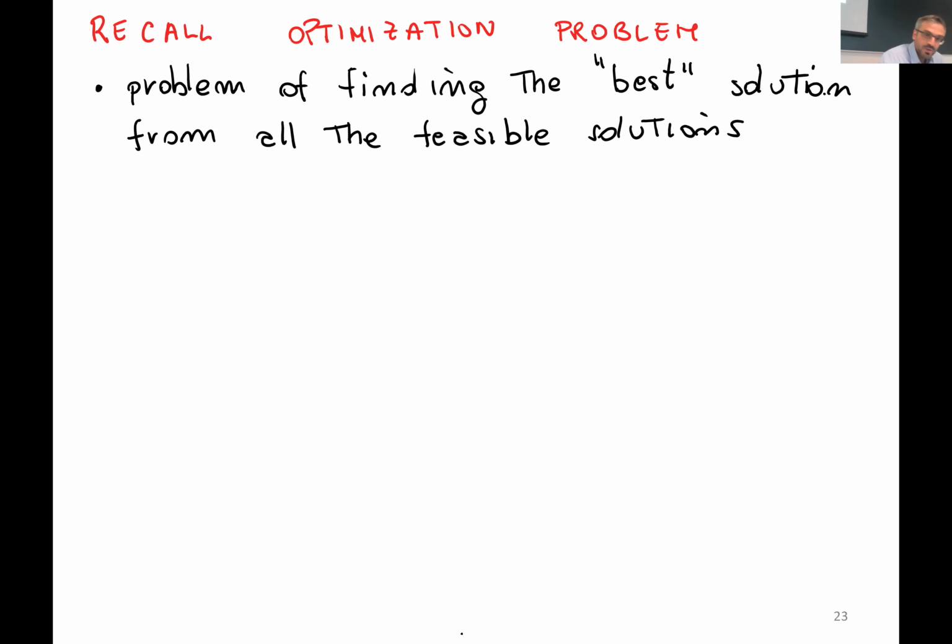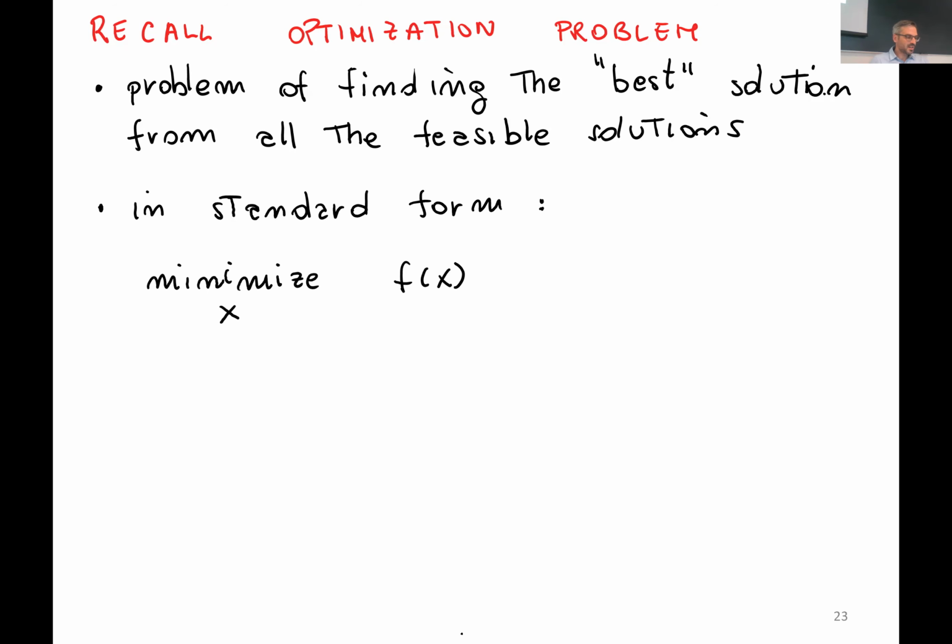And we can also see the pseudo inverse solution as the solution of an optimization problem. First, let me recall again, because I think last time it was not so clear, what an optimization problem is. An optimization problem is a problem where we want to find the best solution from all the feasible solutions.